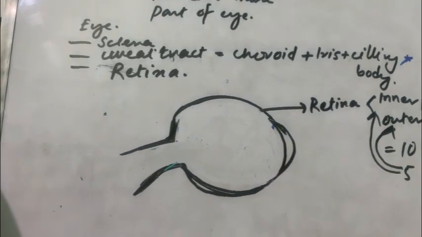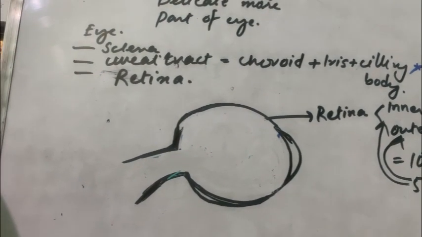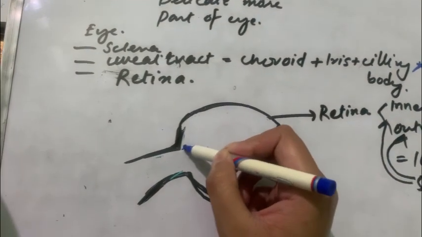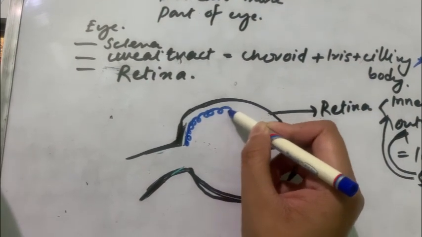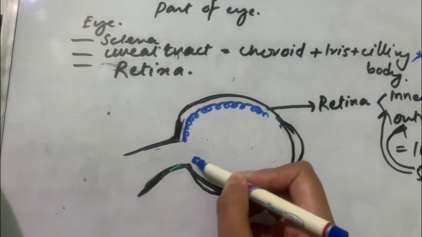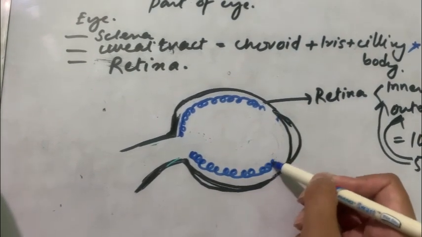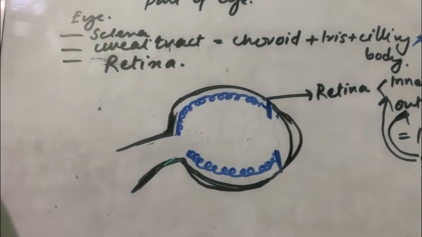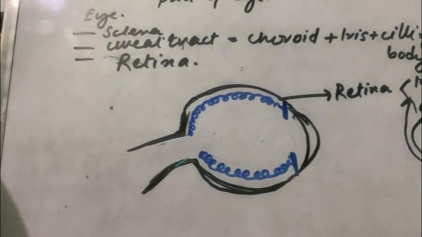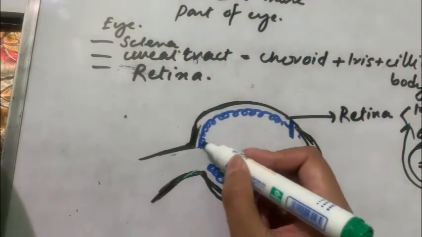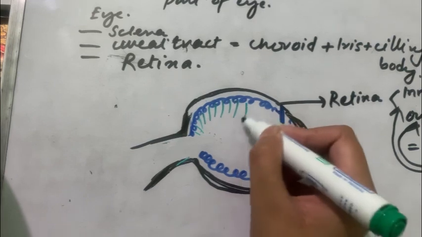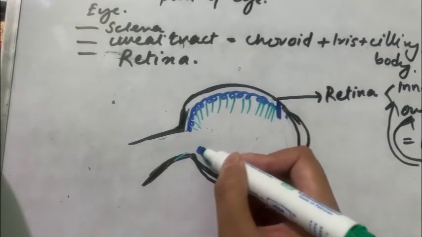I will draw the outer retina like this, and inner to it I will draw inner retina, that is basically the neural part.